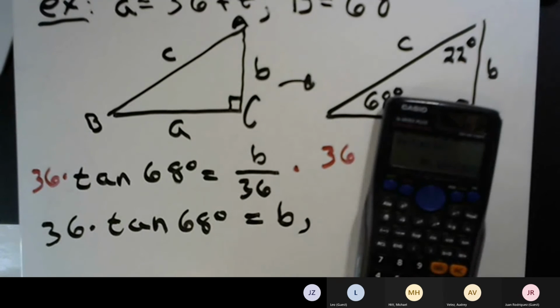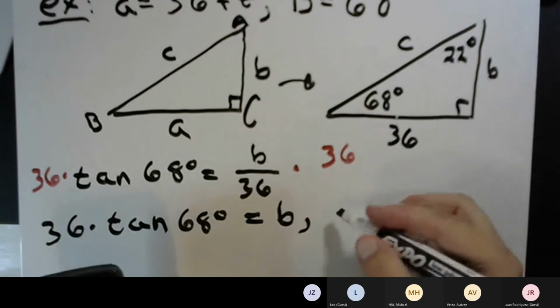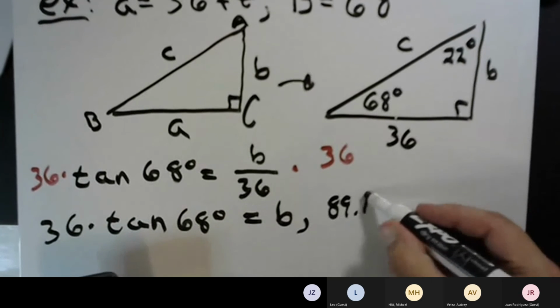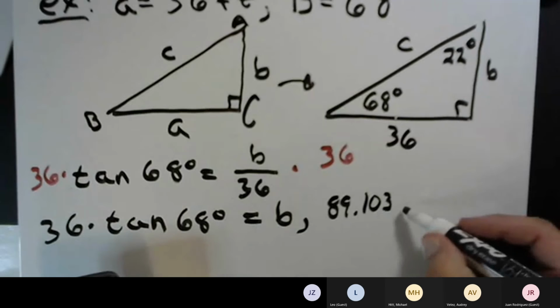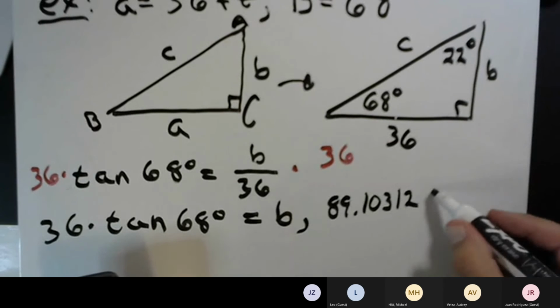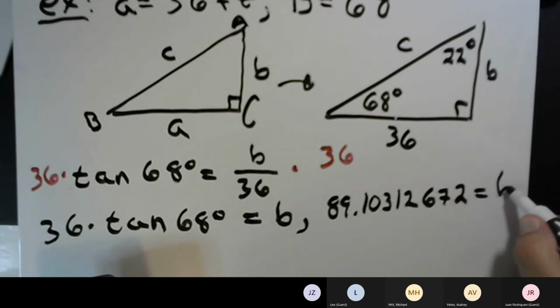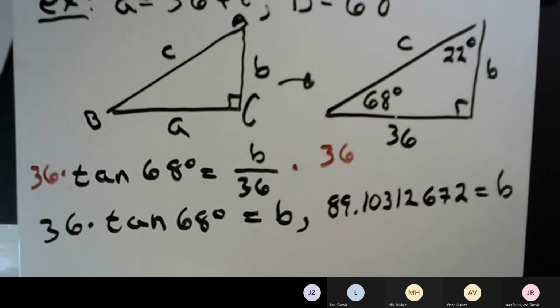Make sure you're in degree mode. And we're going to get 89.1031 equals B. And then I'm going to round this later.